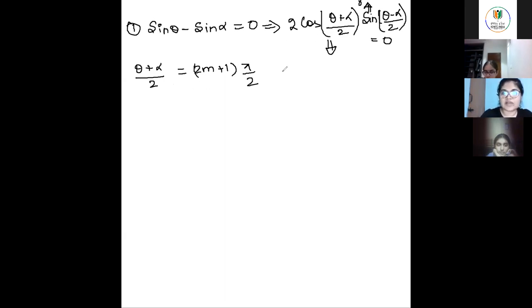For the even multiples of pi by 2, if this value becomes 4 and this is pi by 2, you will get 2 pi. And for 2 pi, what is the value of cos? It is 1, not 0. What is the graph of cos pi?